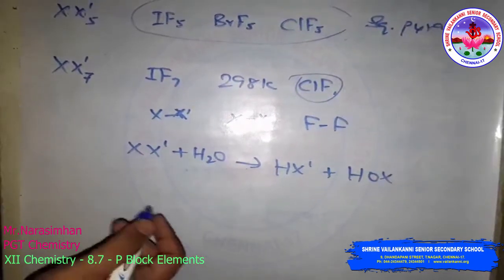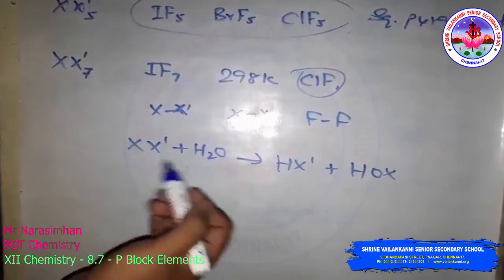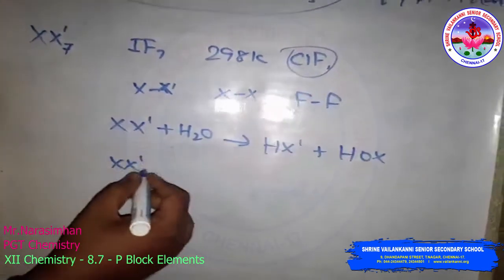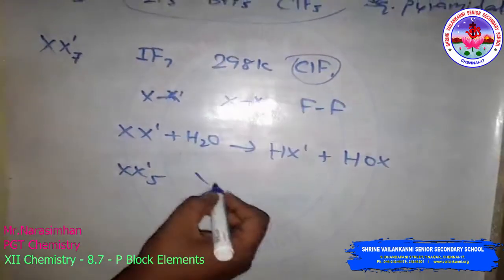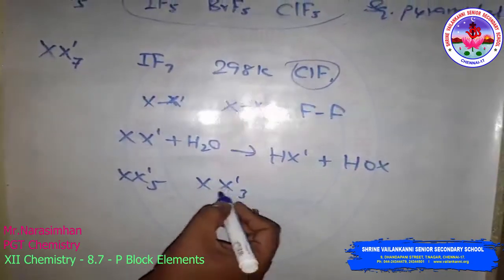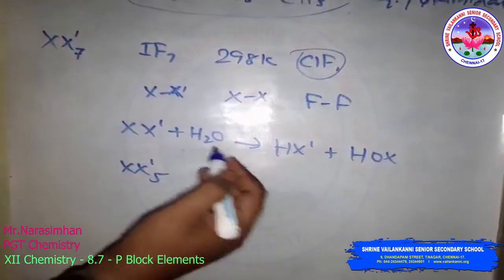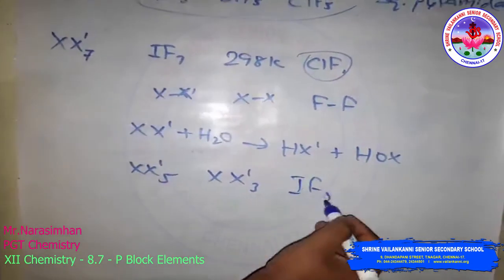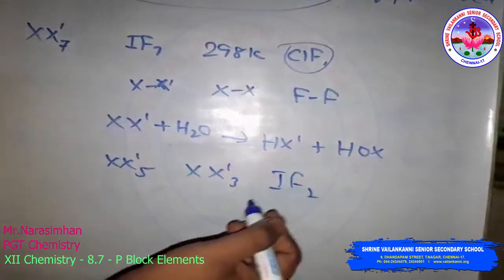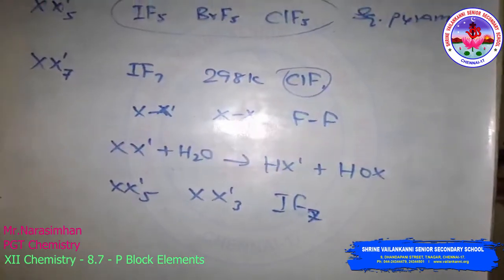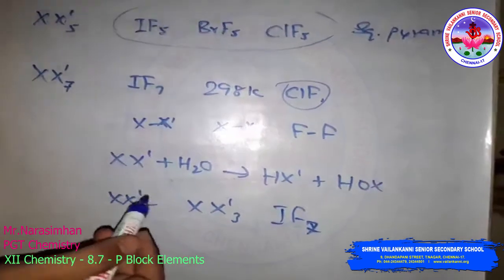Based on VSEPR theory, the XX'3 compounds have a bent T shape, XX'5 is square pyramidal, and IF7 is a pentagonal bipyramidal structure.